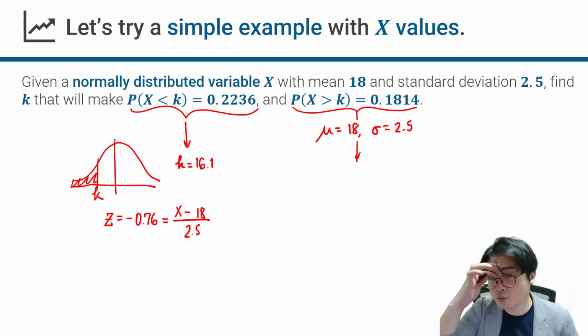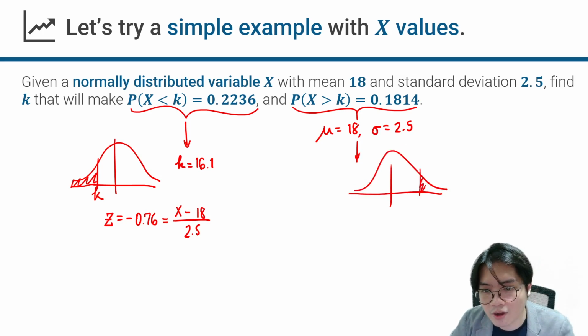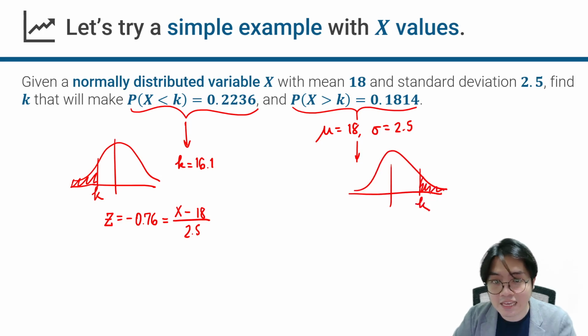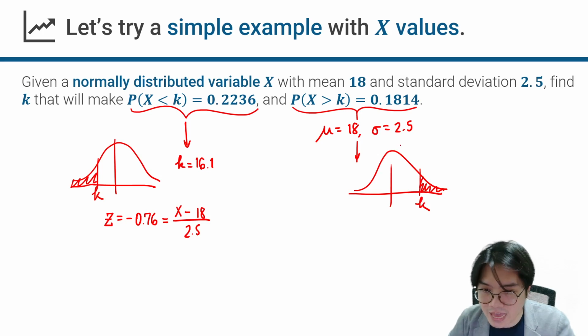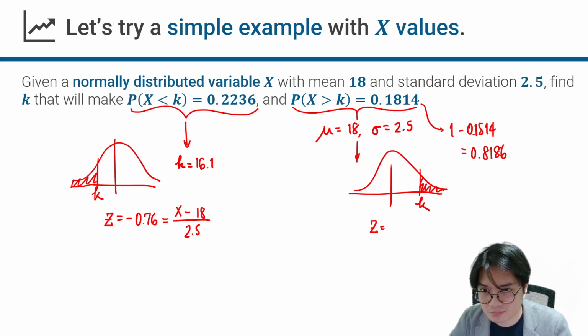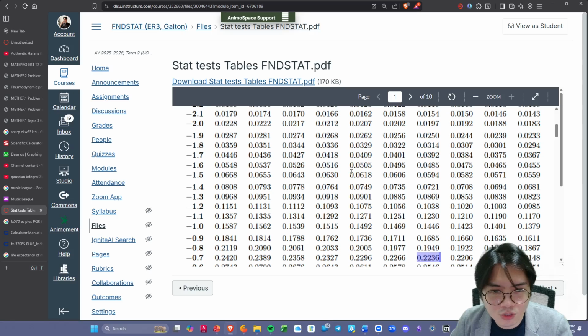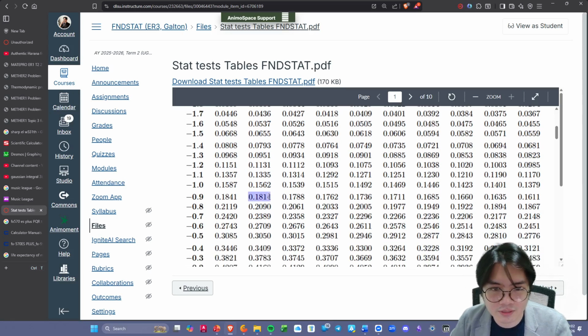And in this case, we now have x is greater than k is 0.1814 somewhere here. This is your value of k. But again, this is for a z-score if you're looking in a table, right? So in this case, 1 minus 0.1814 gives you 0.8186. Okay, so we go now there. Actually, I can just do this here. 1814, there it is.